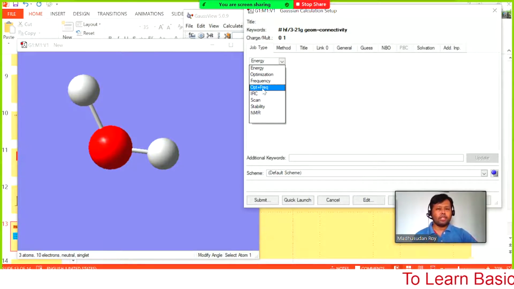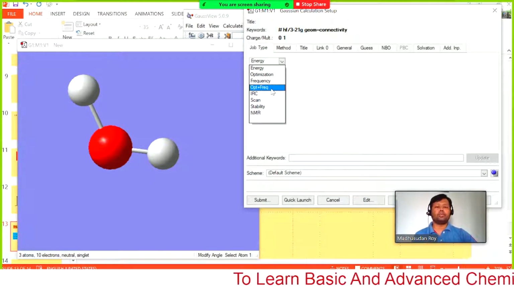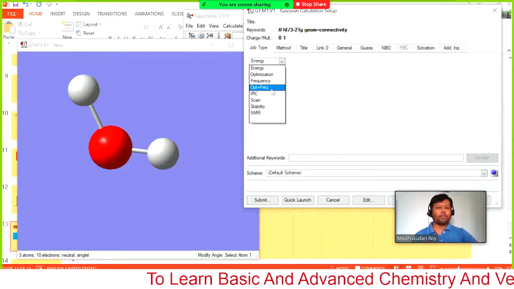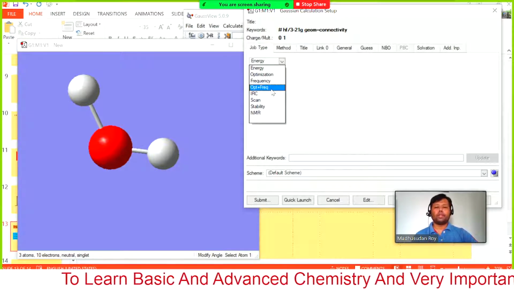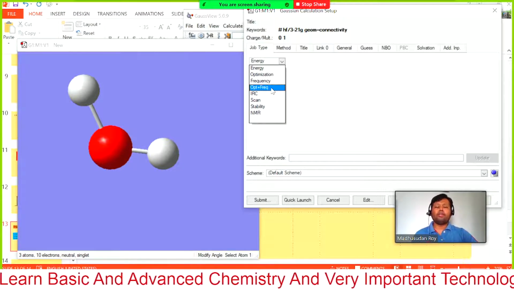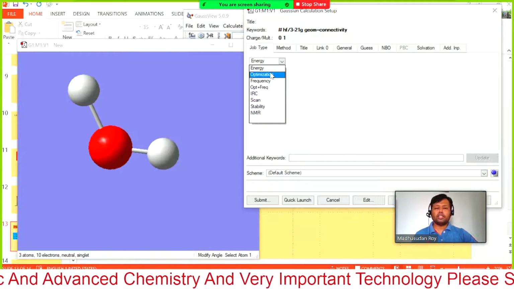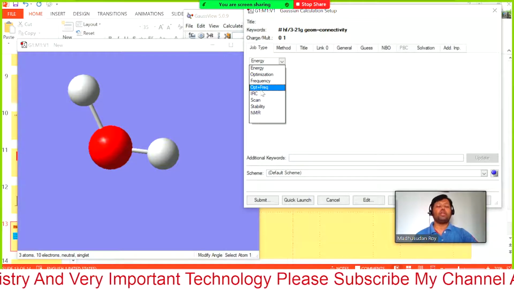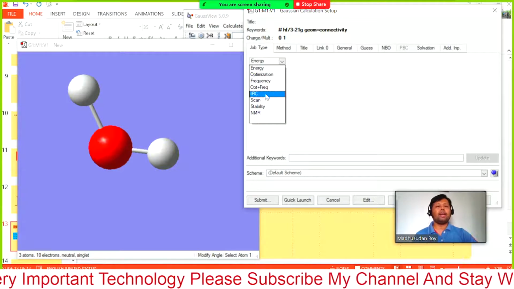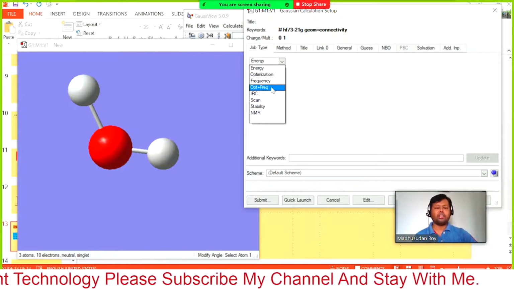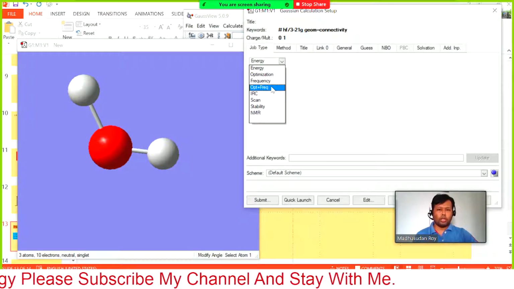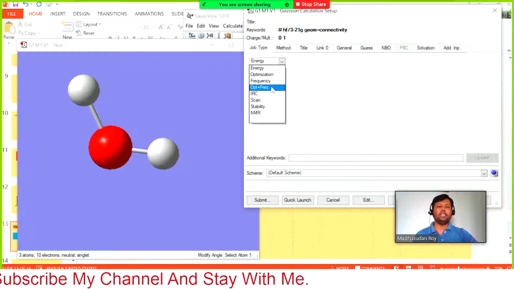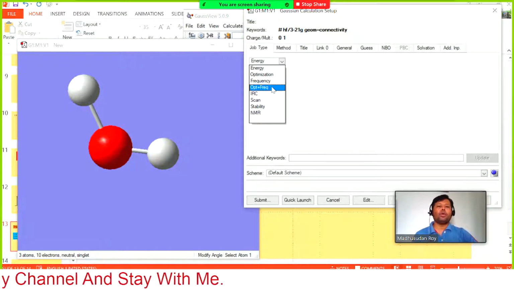Later, even last class I mentioned the frequency, but now I am not going to mention it. So we can optimize the structure using this keyword or this keyword. Both of them are optimization, and this has some other extra work. So I will choose this one, optimization plus frequency. So this keyword I am going to use.